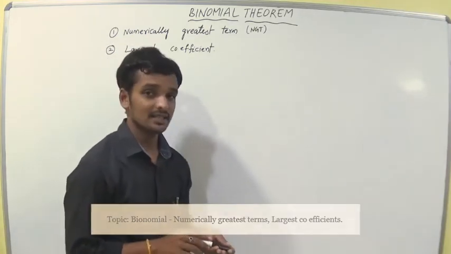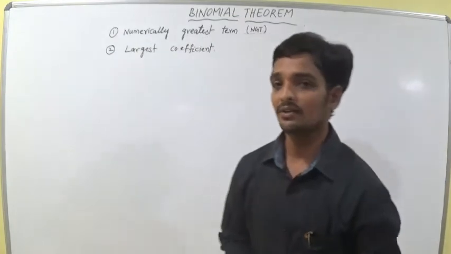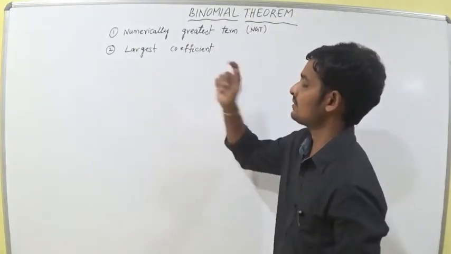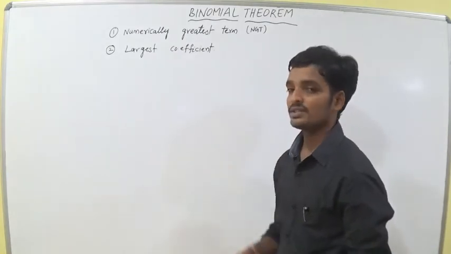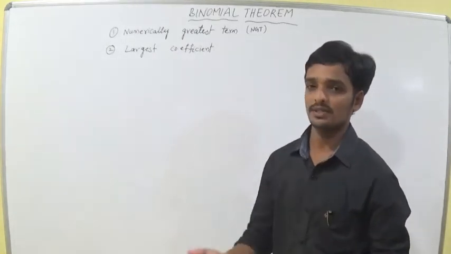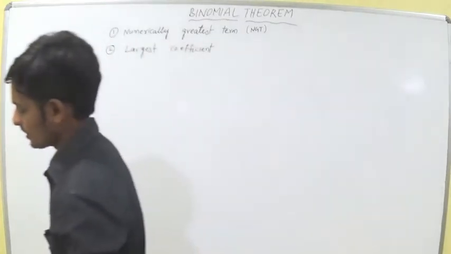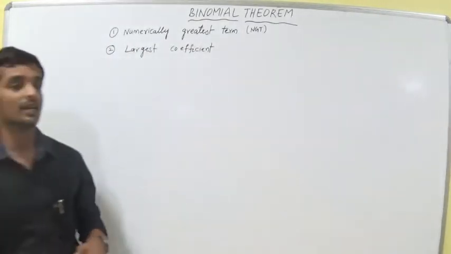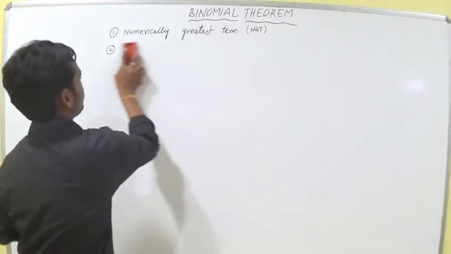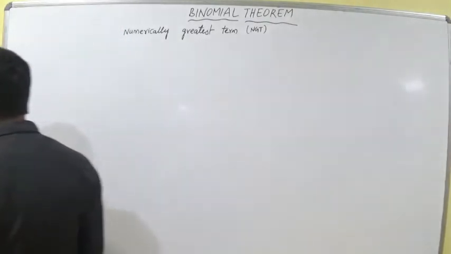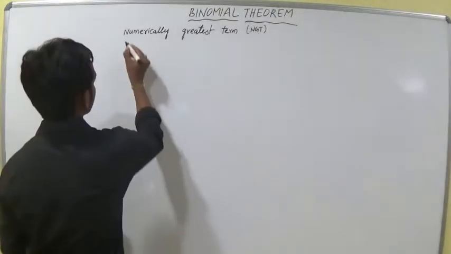And the second topic we have to discuss is largest coefficients. What are these? We will discuss later. So in the first topic, numerically greatest term, we now discuss that topic.